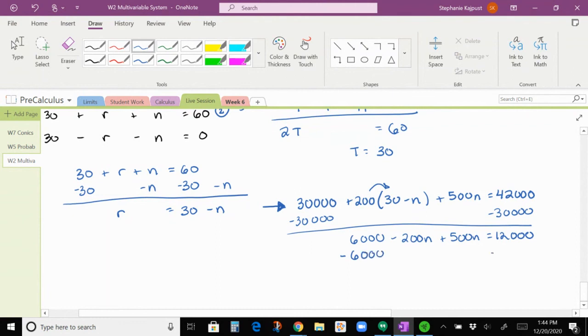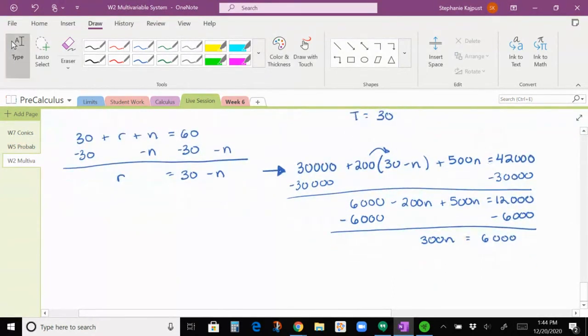We can subtract our 6,000 from both sides and combine the negative 200 plus 500. So that's 300N equals 6,000. And then I can divide by 300 and that gives us 20.